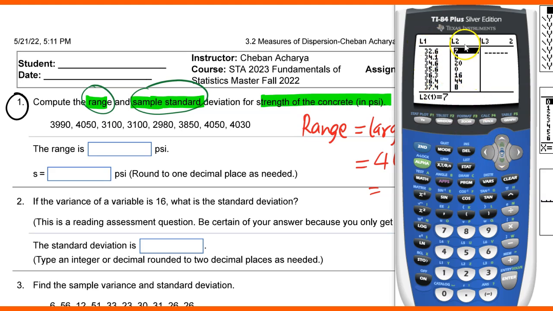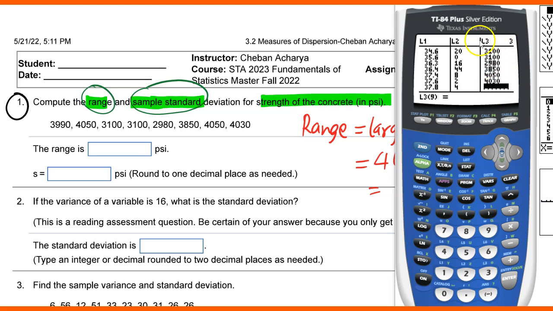Since my L1 and L2 already have data, I can put it anywhere, even L3. Let me put the data in L3. First data 3990, enter. Second data is 4050, enter, and I'll be back.